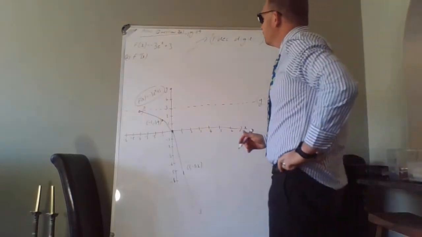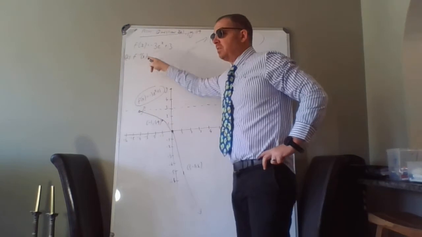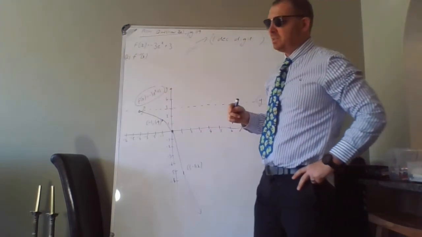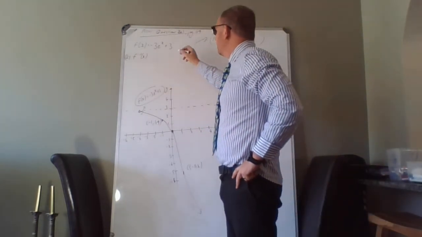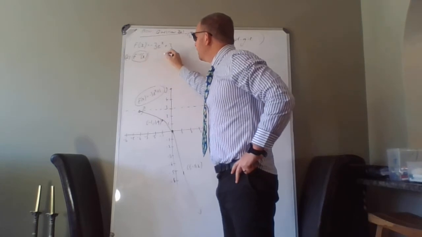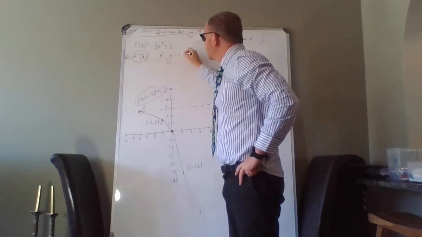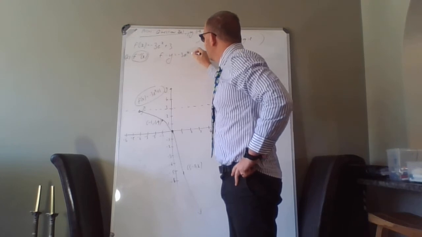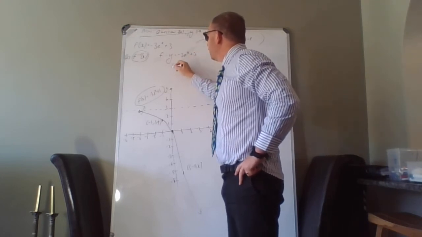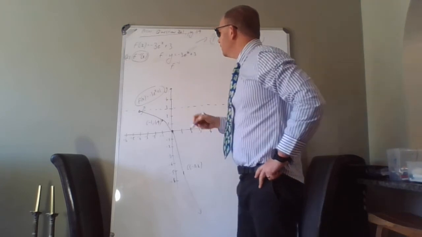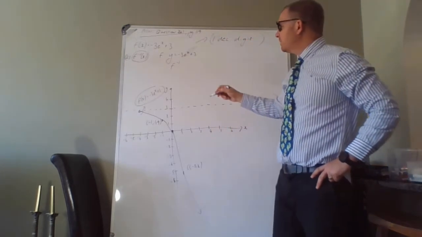Right, part 2 of question 2a says go find the equation of f to the negative 1 of x in the form f to the negative 1 of x is equal to something. Well, we know that for f, we've got y is equal to negative 3e to the x plus 3. So for f to the negative 1, for an inverse, you swap the x's and the y's around in the equation.